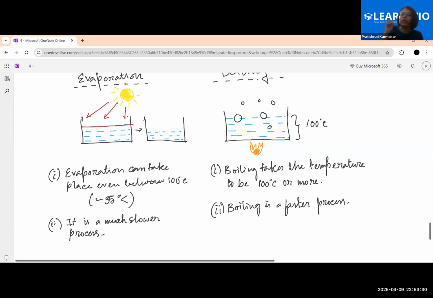The H2O molecules of the surface level. The molecules inside are not getting reacted with the sunlight. But here, movement like this is followed, and the heat is interacting throughout the water molecules, throughout the whole substance. But evaporation is happening only at the surface level.